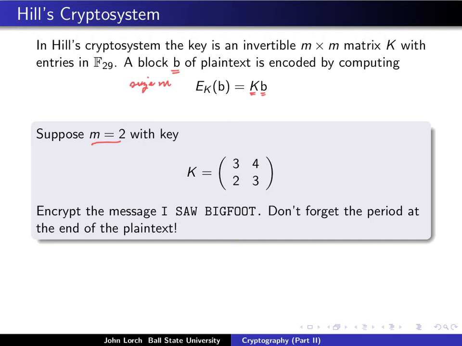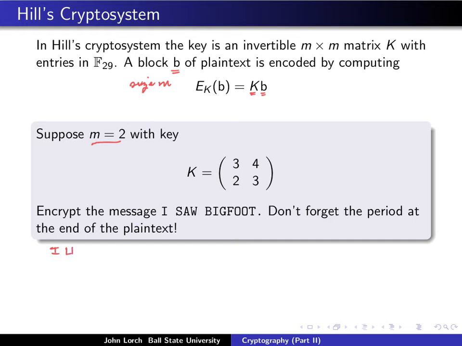Now remember that we're working with our augmented alphabet now, so spaces, commas, and periods are part of our alphabet, and we need to make sure we don't forget those things. All right, so let's encrypt the first 2 characters. The first 2 characters are I, and then the space character.